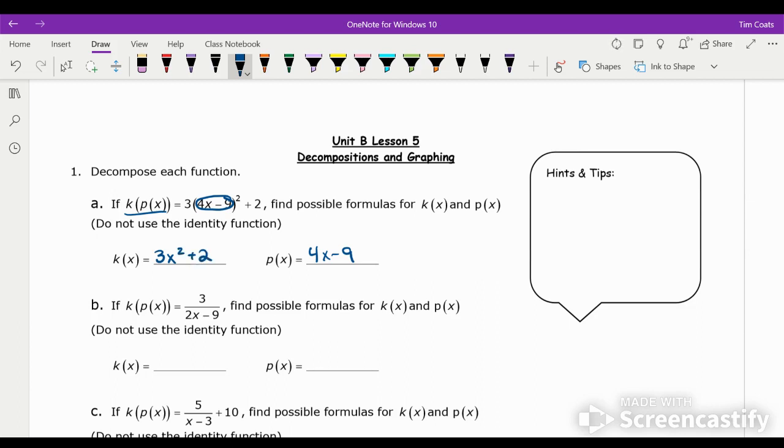So the original function here is 3x squared plus 2. And let's see if we got this right. If we went to find k of p of x, we would have said 3 times 4x minus 9 squared plus 2. So you see that this ends up matching where we started, so we know that those two are correct.